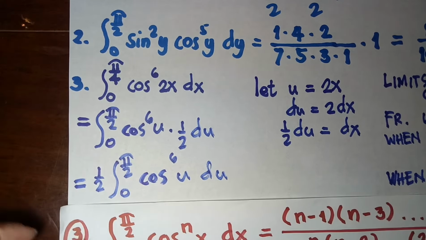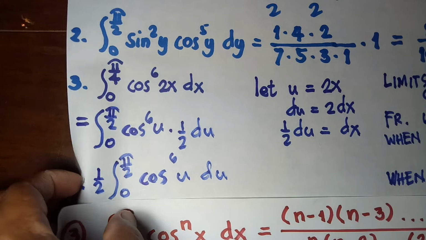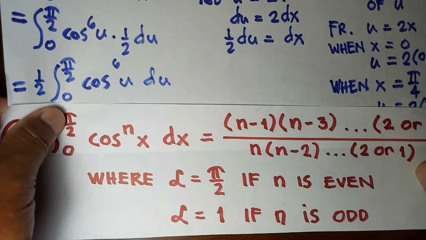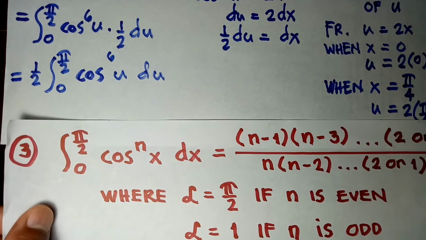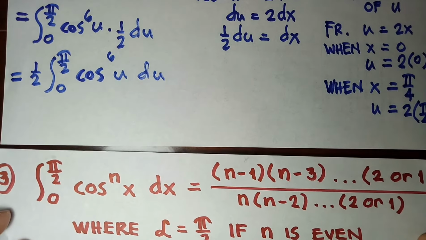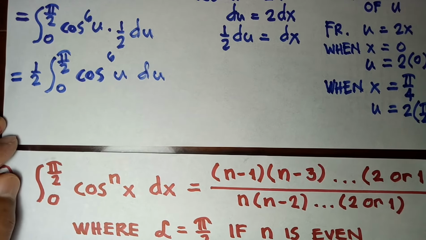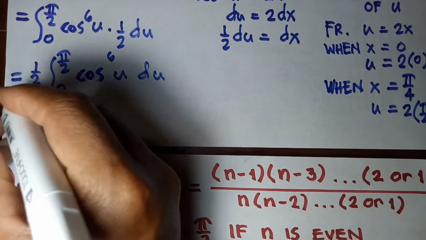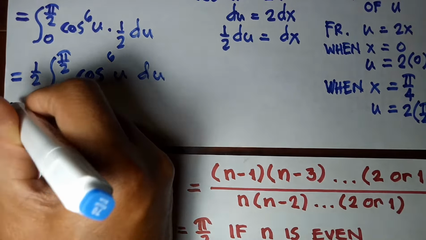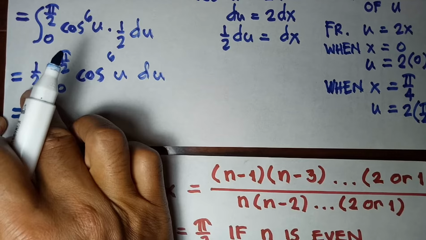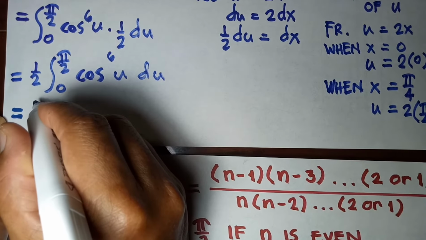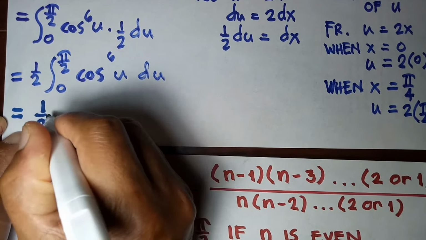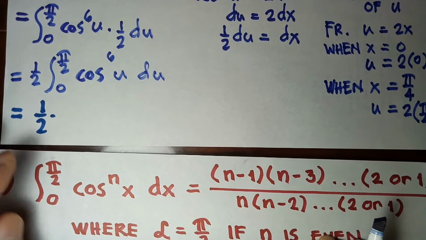So, using formula number 3, ito yung ating formula number 3. So, this will be equal to, so meron tayong 1/2, and then times.